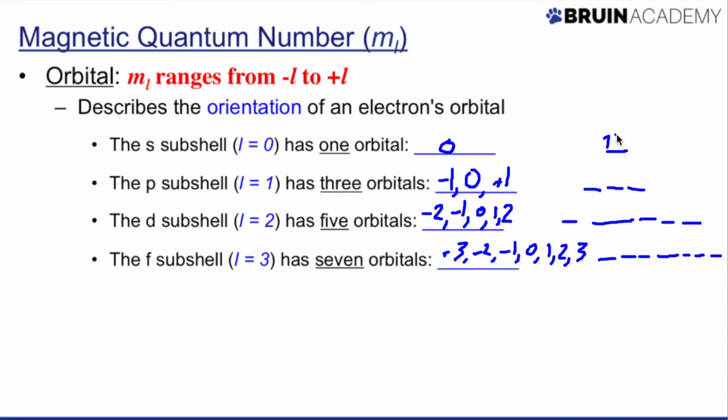Often they're written as these arrows. So the S subshell can only contain 2 electrons. The P subshell contains 3 times 2, 6 electrons. D contains 5 orbitals times 2, 10 electrons, and the F subshell contains 7 times 2 electrons, which is 14. So that's important to keep in mind.